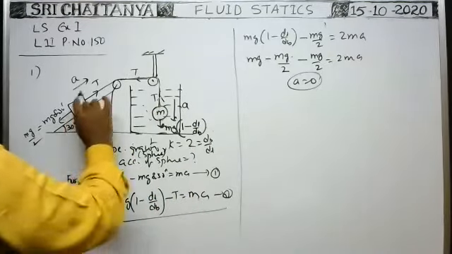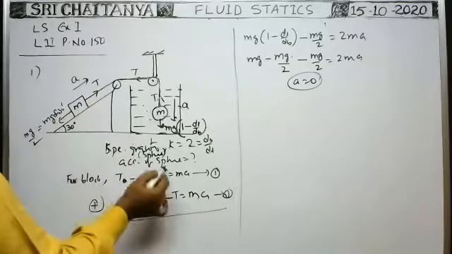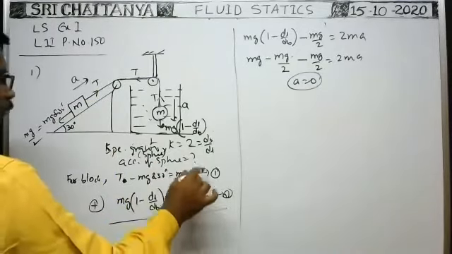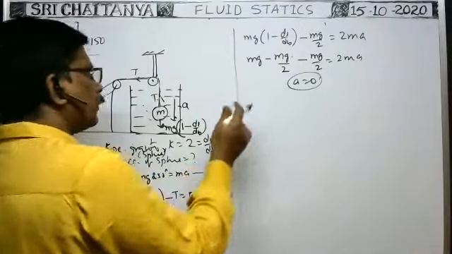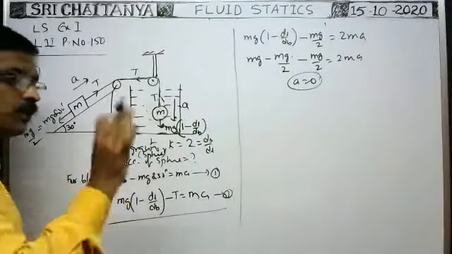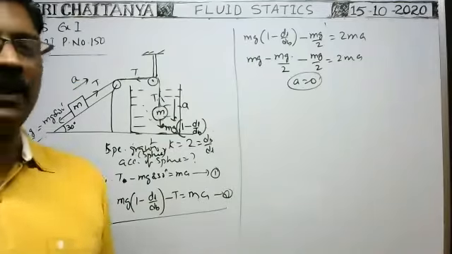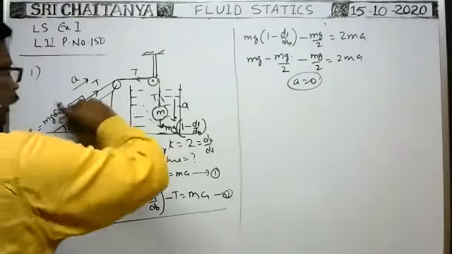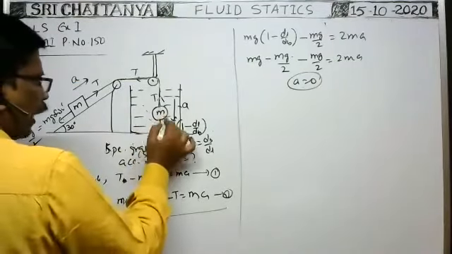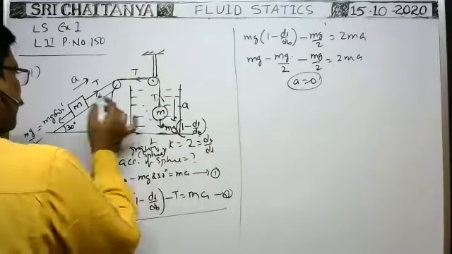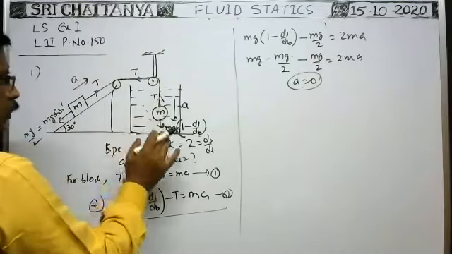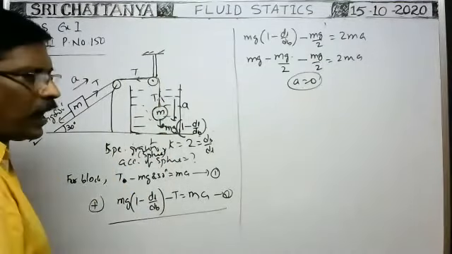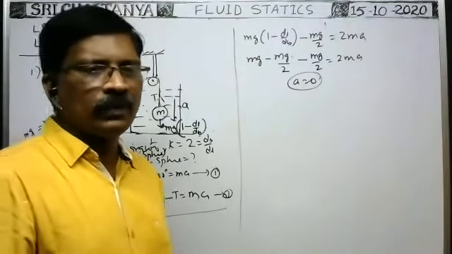For this block, T minus mg sin 30 is equal to m into a. Now from these two equations, when I cancel the T value, I get a equal to 0. That means the block and sphere both are at rest. Along the length of the string, the apparent weight of the sphere is the same as this mg sin 30. That's why the net force along the length of the string becomes 0. Hence there is no acceleration in the block and sphere. That is the case.